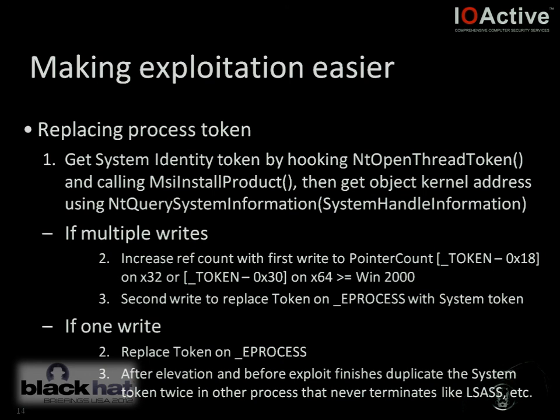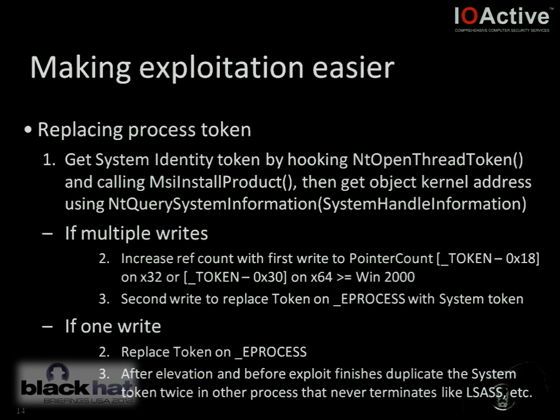We are just doing one write to the kernel, and that's it. In this case, we will need to do maybe two writes, because first, we will need to increment the reference count to a really high value in order to make sure it will never reach 0. So the first write will be to increment the value, and the second write to replace the token, and that's it. Then you have a system process running.